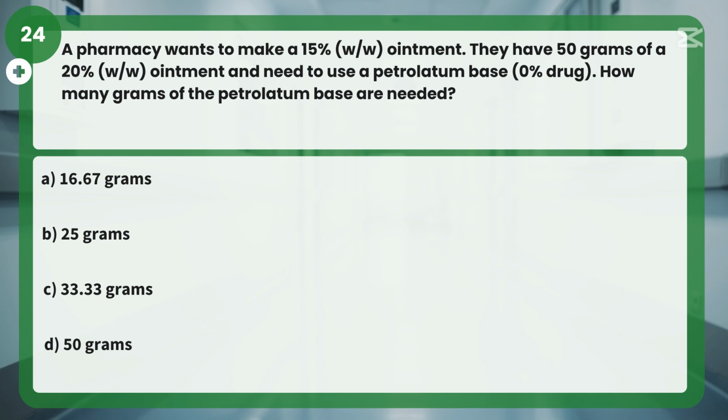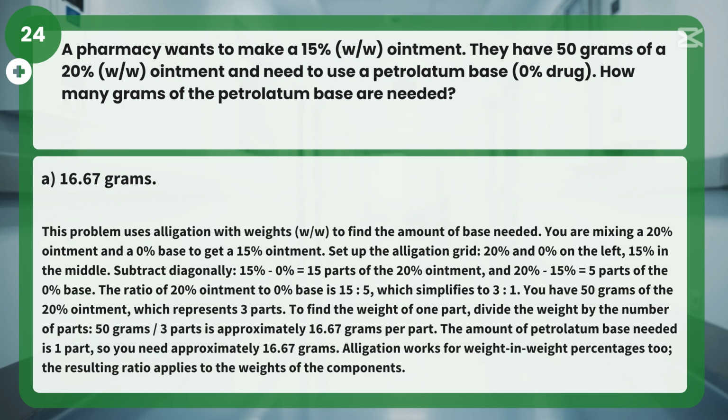B. 25 grams. C. 33.33 grams. D. 50 grams. Answer: A. 16.67 grams. This problem uses alligation with weights, w/w, to find the amount of base needed.